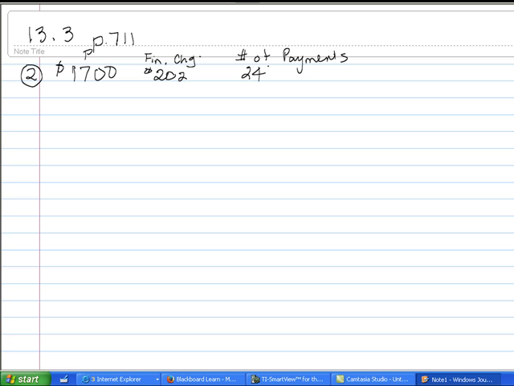As we look at this, the finance charge is 202 divided by the amount financed. We want that per $100 financed, so we multiply by 100. That's going to leave us with 17 in the denominator. So we divide 202 by 17, and we get 11.88.